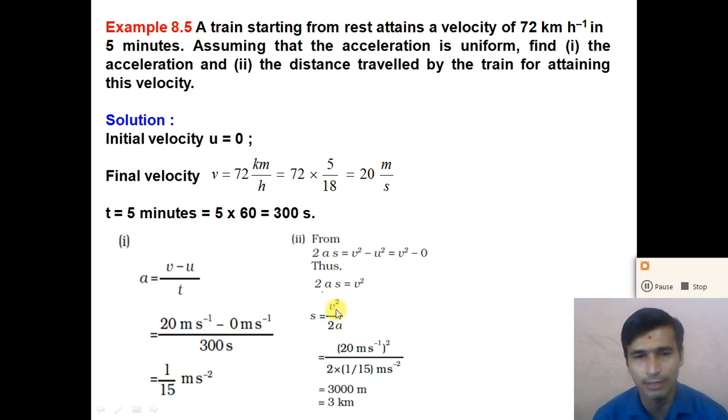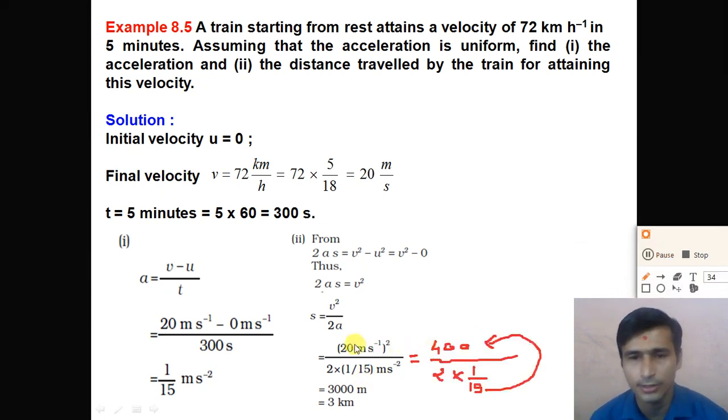The final velocity v is given as 20 meter per second, initial velocity is 0, and acceleration is 1 divided by 15. So 20 square is 400, divided by 2 multiplied by 1 by 15.